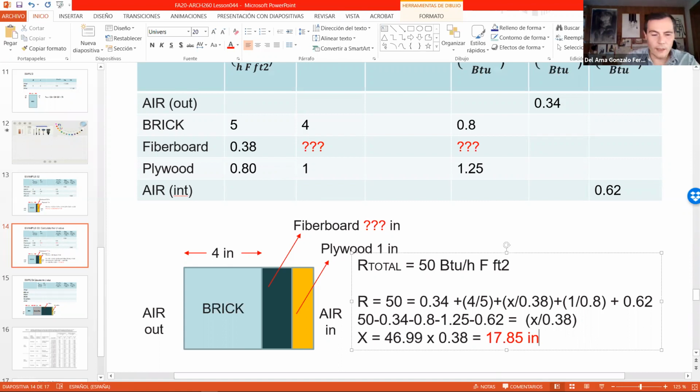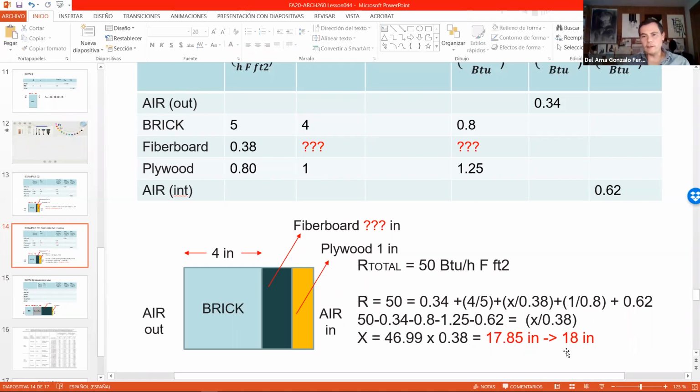So we can say, okay, this is 18 inches, because we don't have 17.85 inch panels available in the market. It will be 18 inches or 20 or whatever, but at least it has to be 17.85. So we can, very good. So this is around 18 inches.